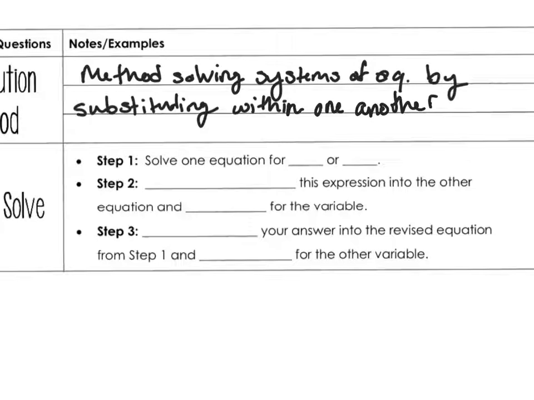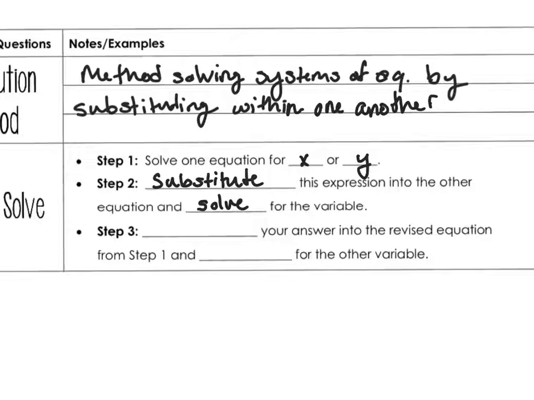Now I'm going to go through the steps to how to solve these problems. Step 1 says solve one equation for either x or y. Step 2 says substitute this expression into the other equation and solve for the variable.